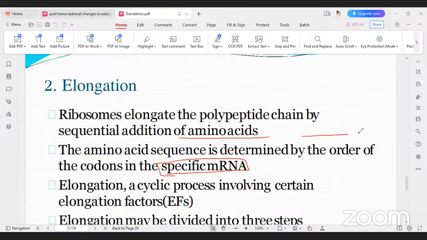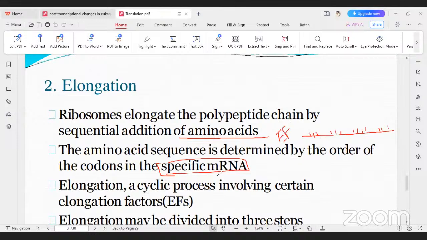For example, this is mRNA. The mRNA already has triplet codons. The elongation cycle involves certain elongation factors. Like initiation factors, some elongation factors are also involved.